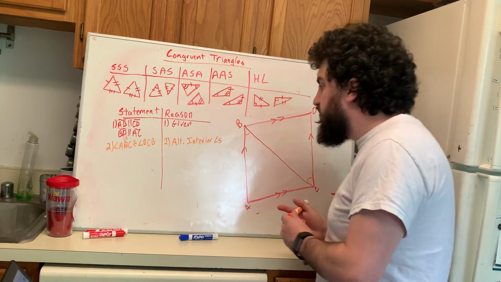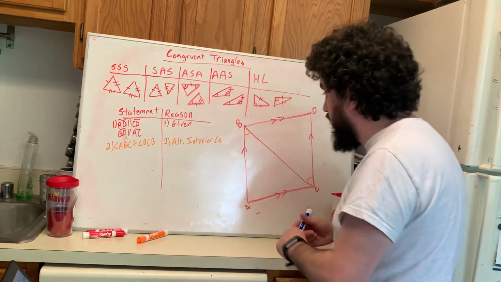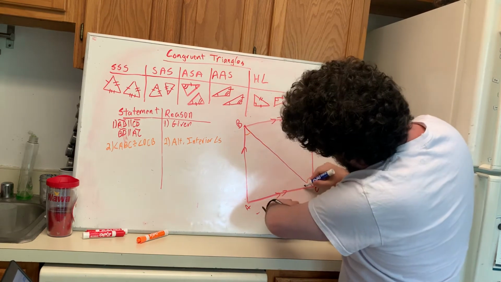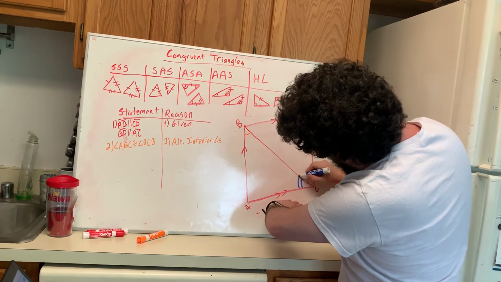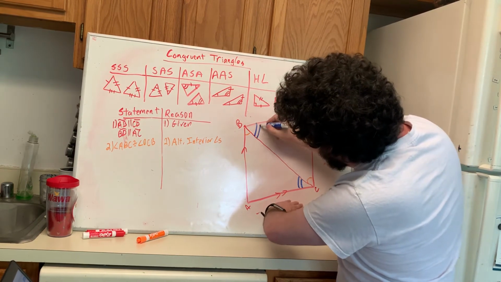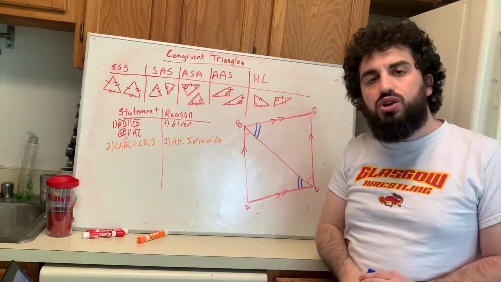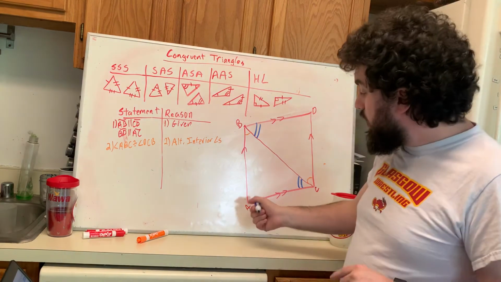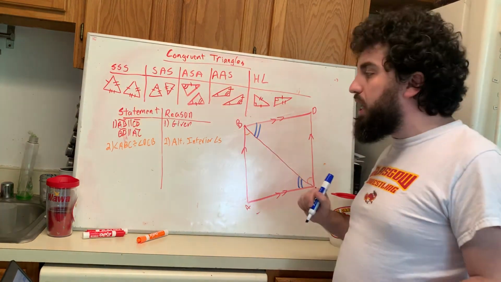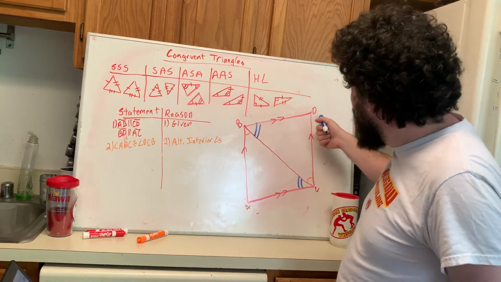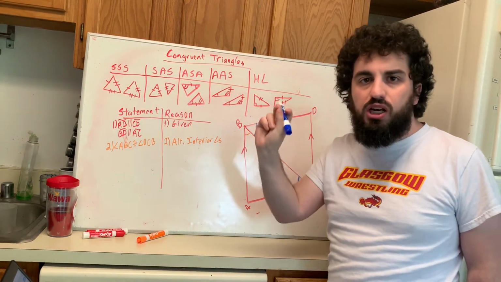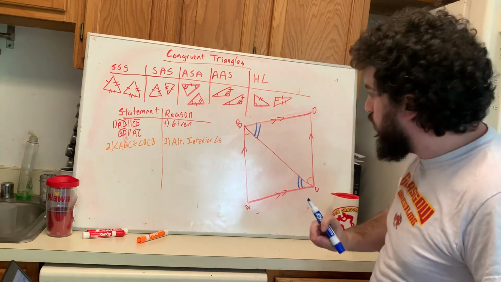Now I'm going to use very similar logic here. That was between these two lines. I'm looking at these two. I noticed that this and this follow that same alternate interior pattern. So by that logic, ACB is congruent to DBC because they are alternate interior angles as well.